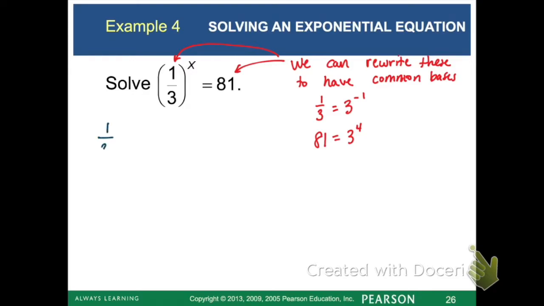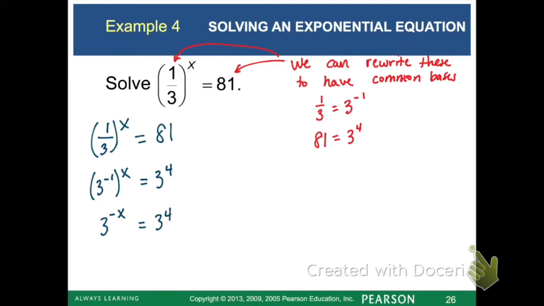So we're going to start by writing our equation down and replacing 1/3 and 81 with 3 to the negative 1 and 3 to the 4th. Now I can simplify the negative 1 and the x by multiplying them together and getting negative x. Again, that's an exponent property that we reviewed. And now I'm going to set my exponents equal.